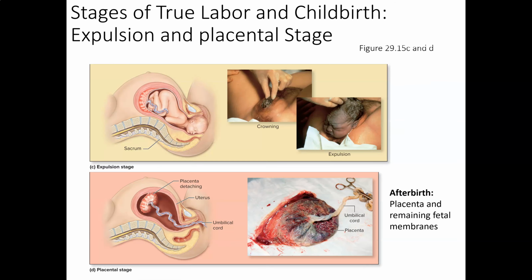All of that has to be expelled from the uterus. If there are residual fragments left in the uterus, that could cause complications such as hemorrhage, because anything remaining in the uterus will be considered foreign by the mother's body and could cause damage and other responses to foreign substances in the body.